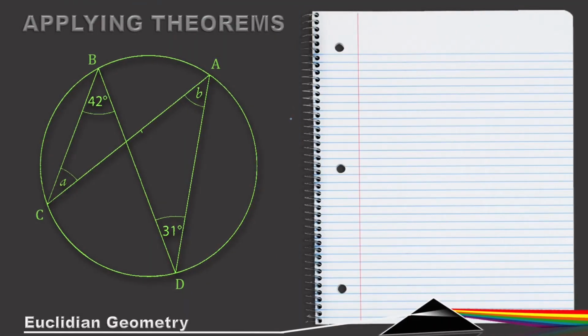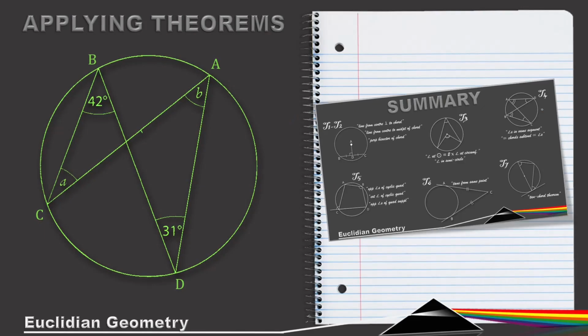Okay, now if we look at our summaries, we can see this looks like Theorem 4. And we have CD that subtends A, that angle, and CD also subtends B. So this is going to be angles in the same segment, whereas they are equal. And then from the other side as well, AB subtends A and the 31-degree angle, so they are equal.